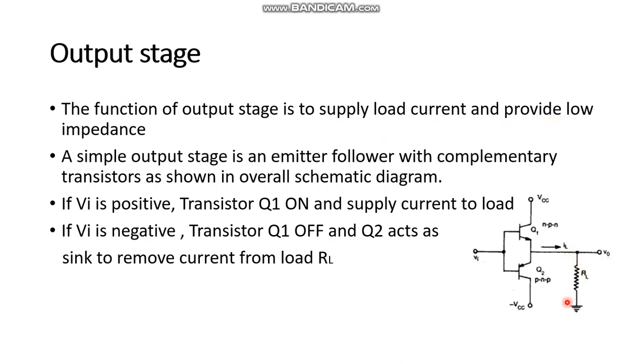A low impedance path is provided, meaning it will amplify the swing. When transistor Q1 is off, Q2 acts as a sink to remove the current. So this one feeds the current and this one removes the current. Feeding means in this direction, removing means like this.